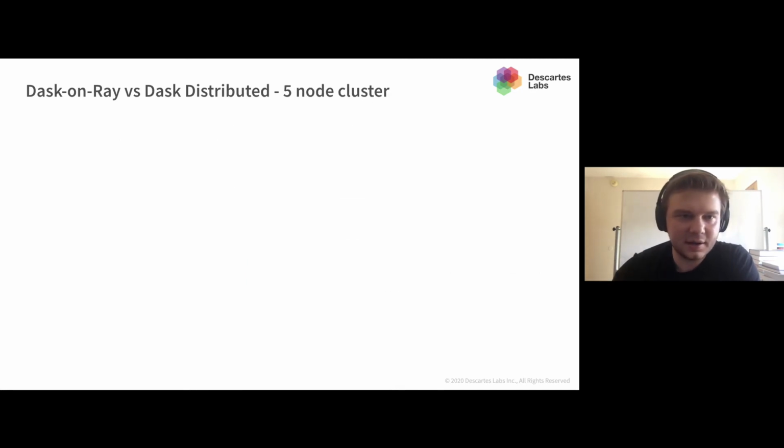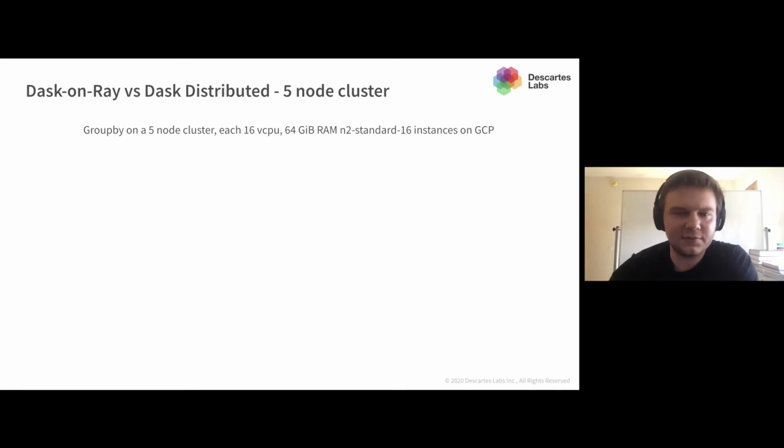It's really interesting. Now the 5-node cluster. Each one has 16 cores, 64 gigabytes of RAM. This is on GCP, actually. All these instances are N2 standard 16 instances.